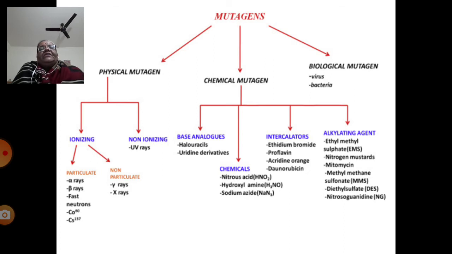Under non-ionizing radiations, you find gamma rays and X-rays. Then coming to chemical mutagens, you find base analogues, intercalating agents, alkylating agents. And each category of this will be taught in detail with suitable examples. And then the third category of mutagens happen to be the biological mutagens. They are viruses, bacteria, and transposons. We shall study them in detail one by one.